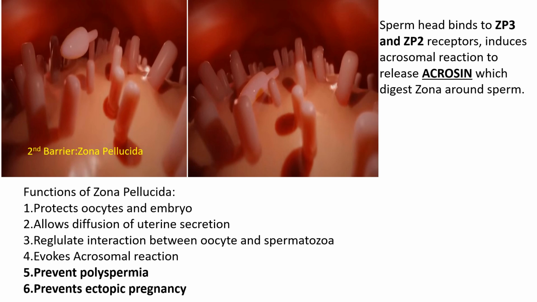So once the blastocyst has reached the upper segment of the uterine cavity where it has to get implanted, at that time on the fifth day after fertilization the zona pellucida will disappear from the developing embryo, and it will allow the implantation of this blastocyst over the upper segment of the uterine cavity. Okay, so it prevents ectopic pregnancy.